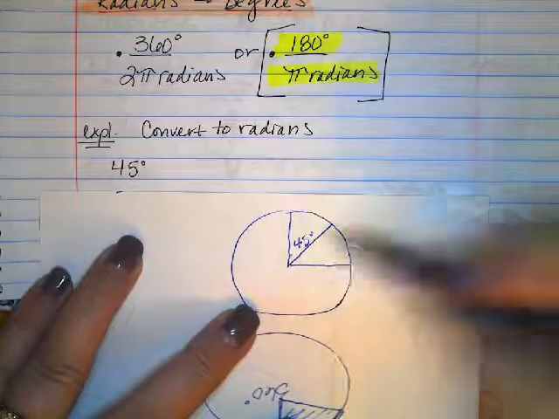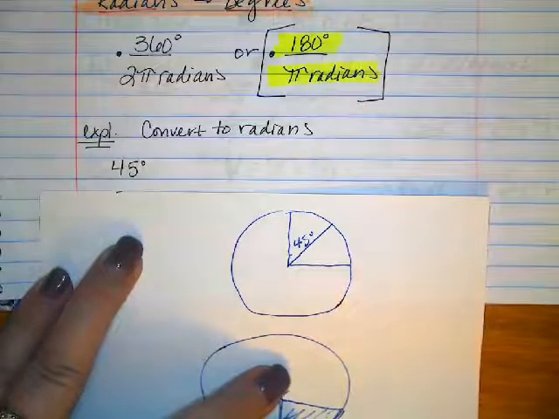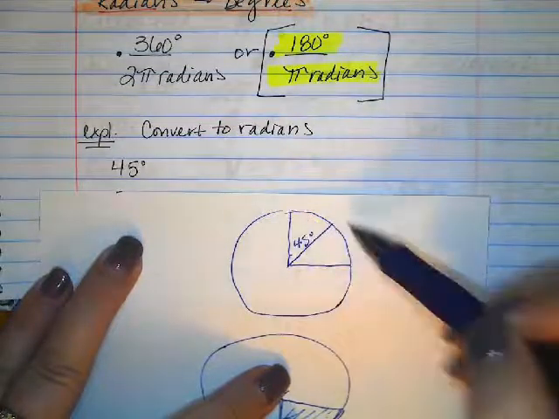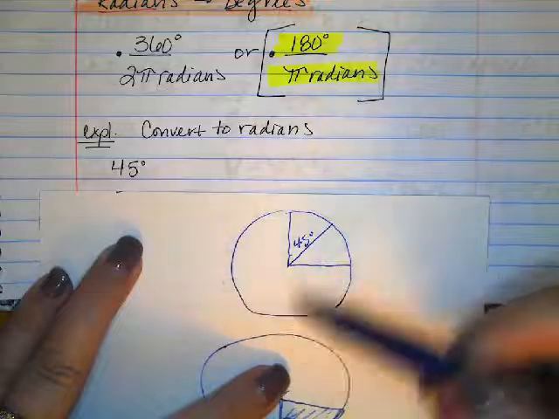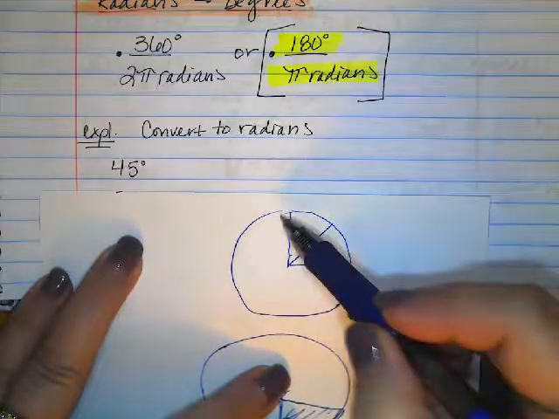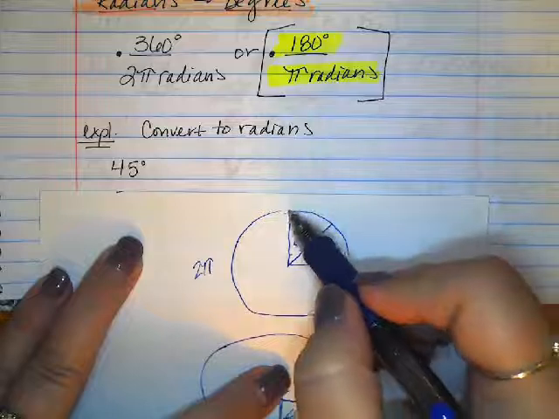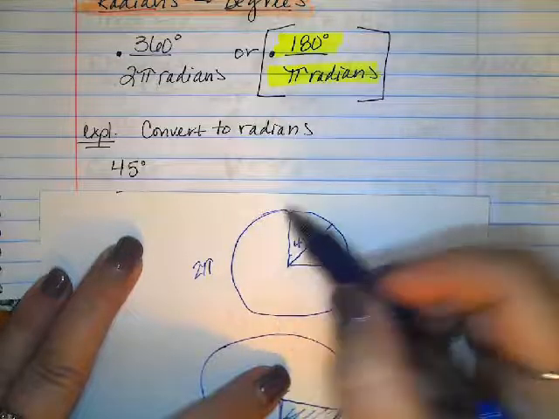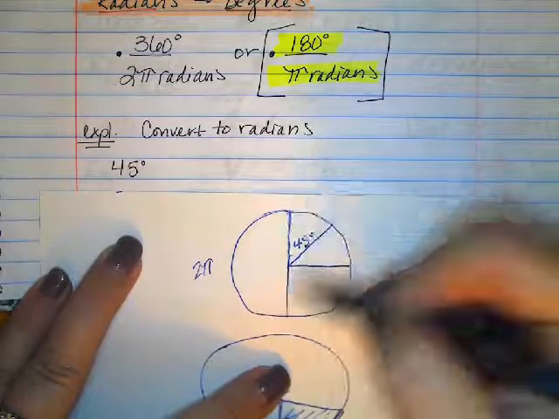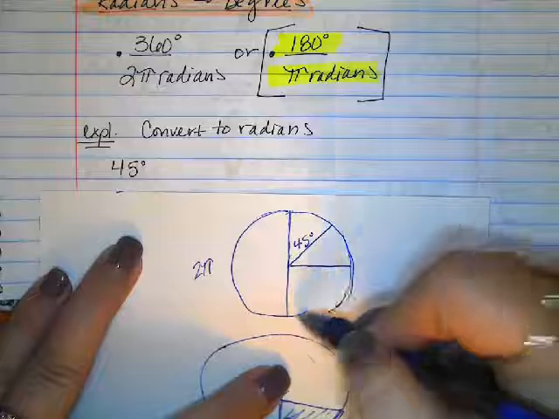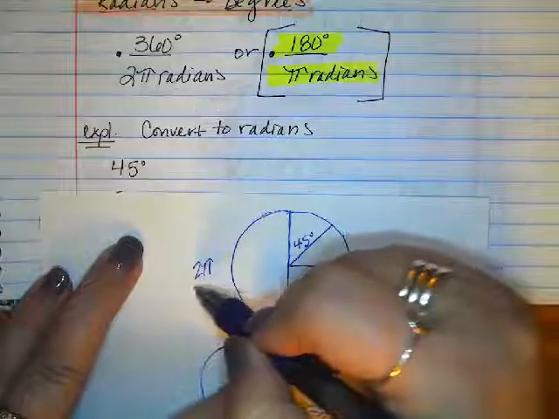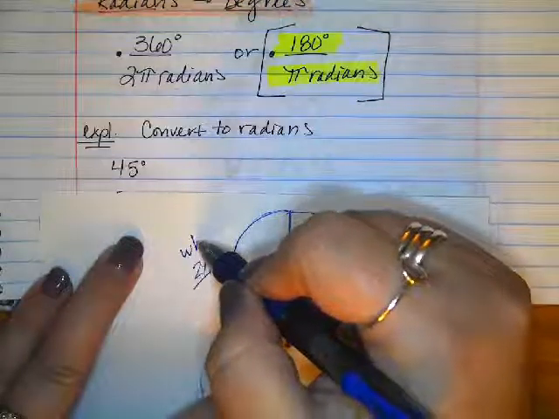Another way to talk about circles is in terms of pi. All the way around a circle is 2 pi. All circles are all the way around 2 pi. If I go just halfway around a circle, that would be 1 pi. So this is the whole circle, all the way around is 2 pi.